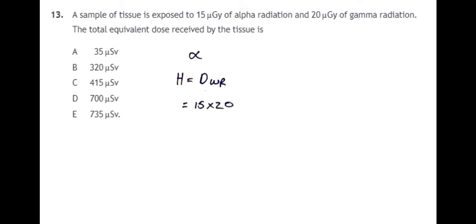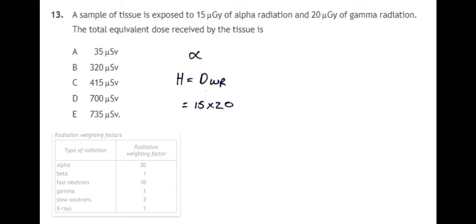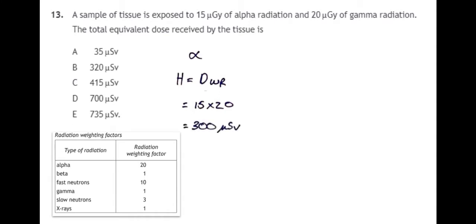The radiation weighting factor for alpha is 20. The absorbed dose is 15 micrograys. So 15 times 20. I know that radiation weighting factor because it's given in the data sheet at the front of the exam paper. There you can see alpha is 20. That gives us an equivalent dose of 300 microsieverts from alpha.